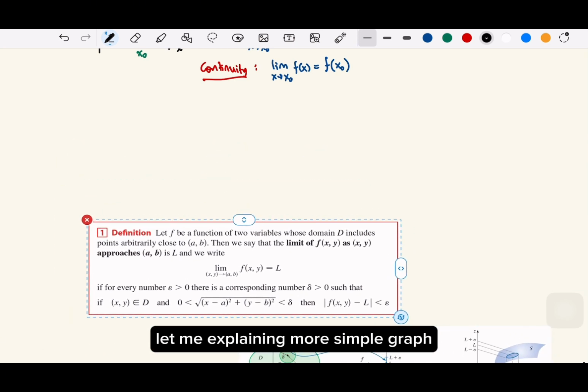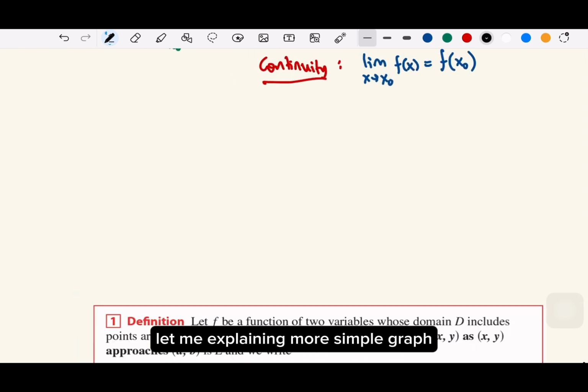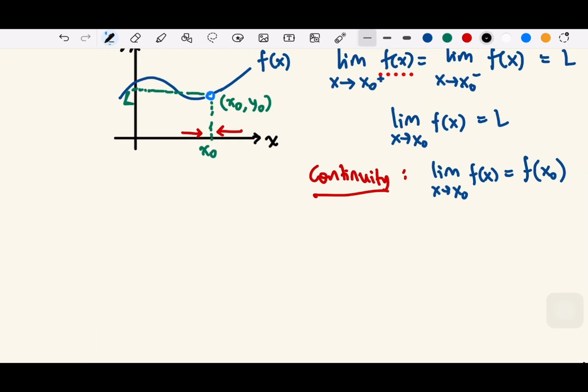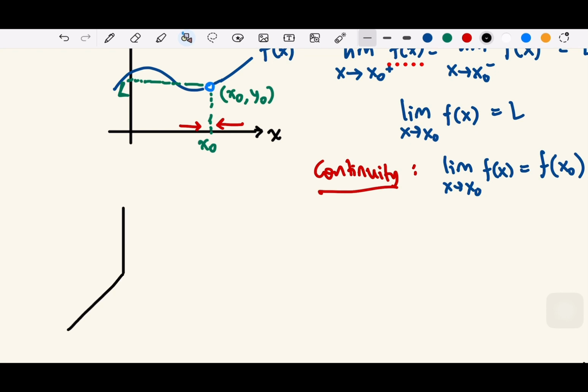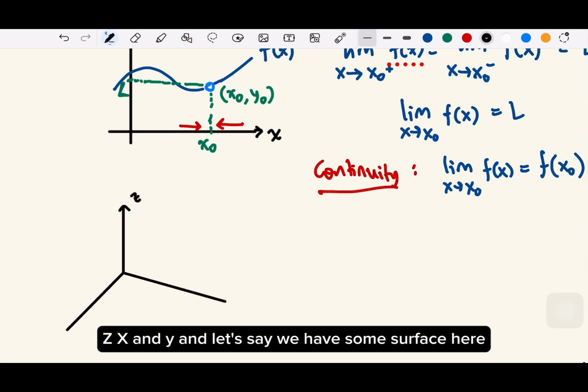So this is for the next explanation. Let me explain in a more simple graph. Let's say we have z, x, and y, and let's say we have some surface here.